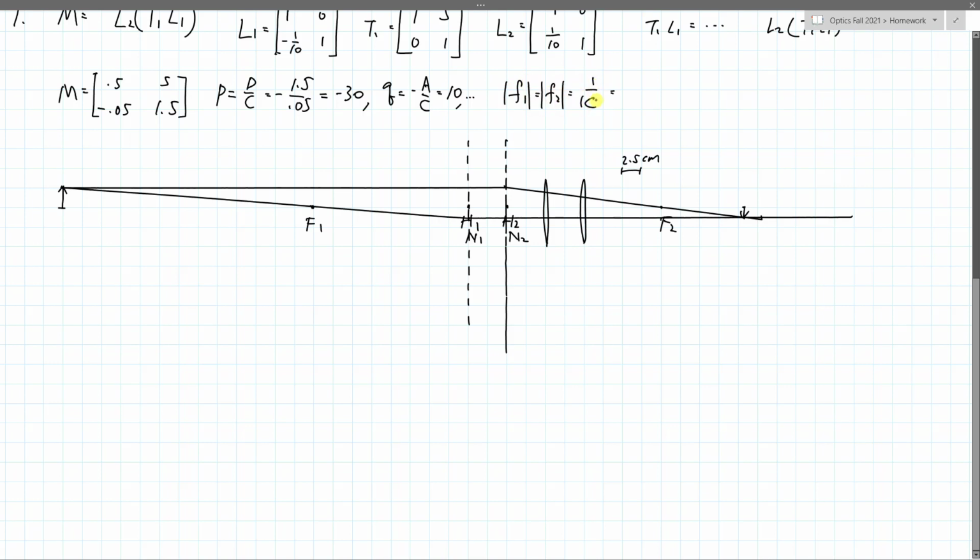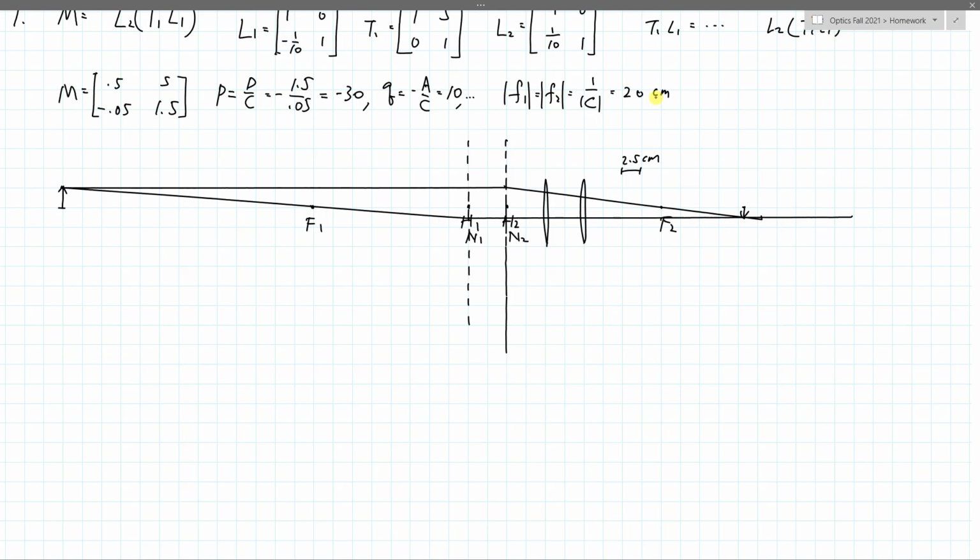So that is 20 centimeters. Let's make sure it's right. Yep, okay, it's right. So equivalent is 20.